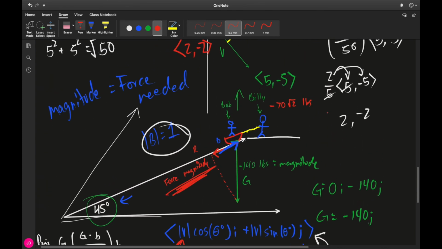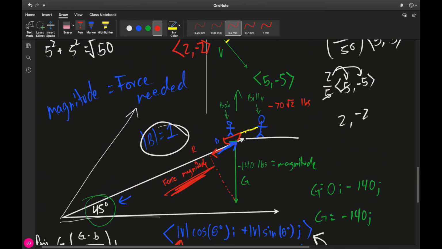So in reality, the amount of force that Billy is using to hold up Bob is approximately 99 pounds of force. And again, if he were holding him straight up, it would require 140 pounds of force. But in this case, it's only 99 pounds.